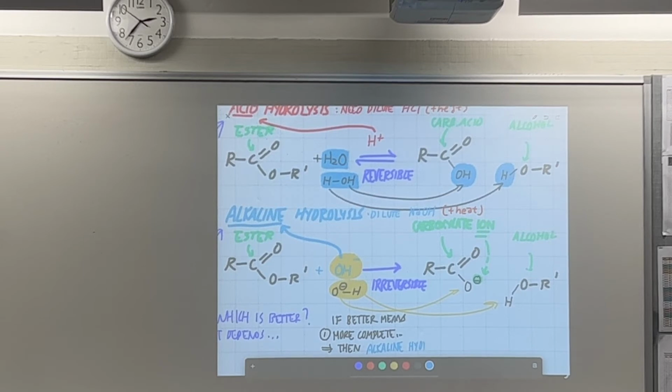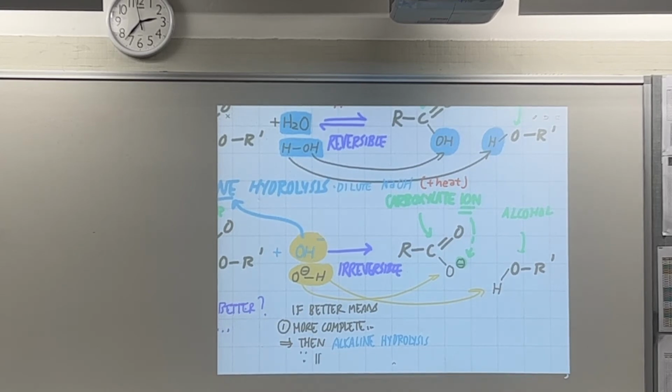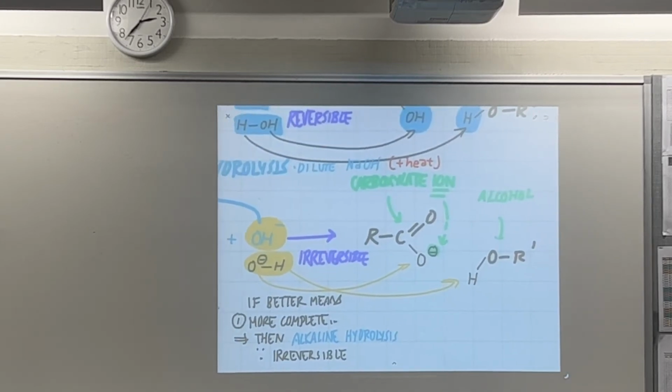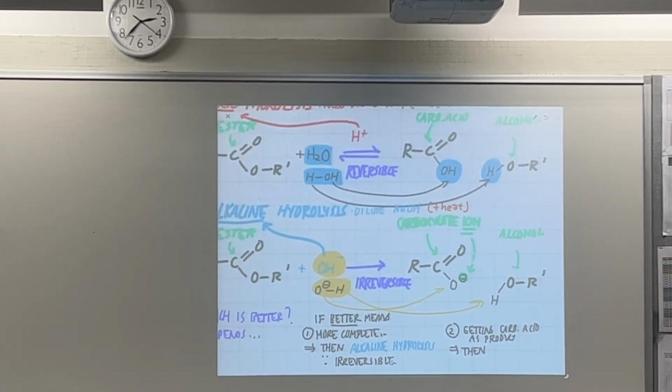You know, irreversible reactions go to completion, while reversible reactions do not. If better means getting carboxylic acid as the product, then acid hydrolysis is better, because alkaline hydrolysis cannot give you a carboxylic acid.